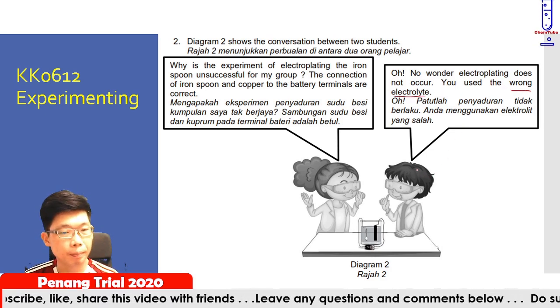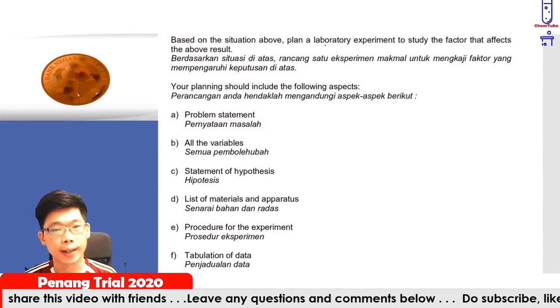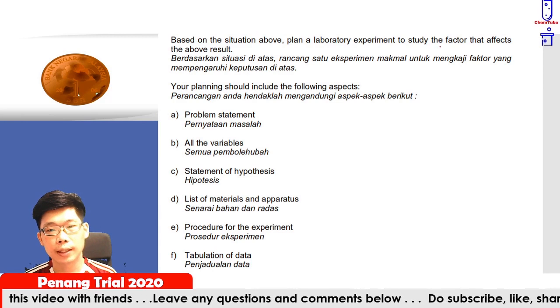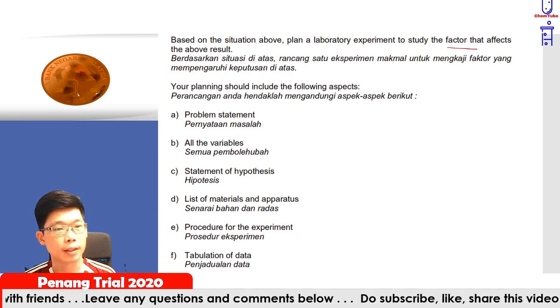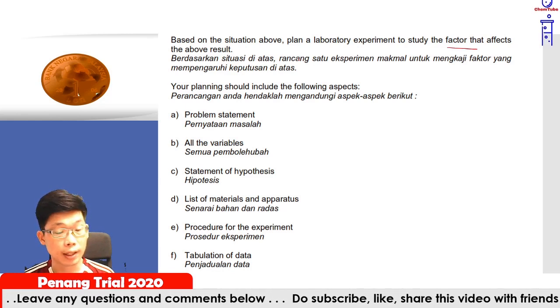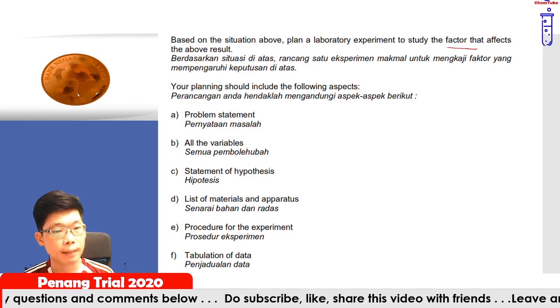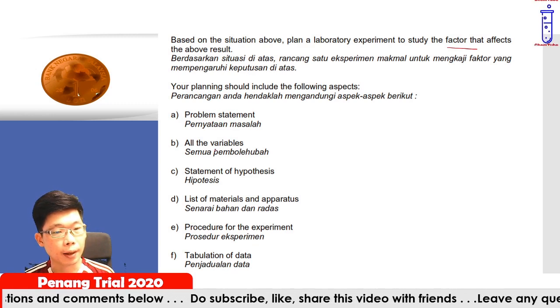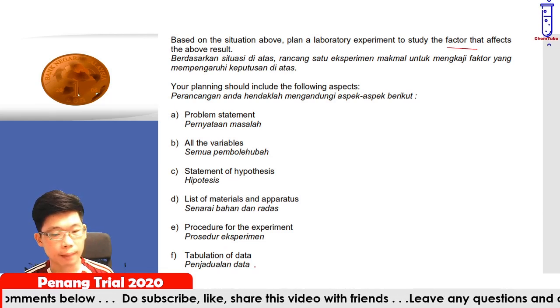Let's see what happened. Okay, so based on the situation, plan an experiment to study the factor that affects the above result. In other words, the factor of the type of electrolytes used. So your planning should include the aim, problem statement, variables, hypothesis, material and apparatus, procedure, and tabulation of data.